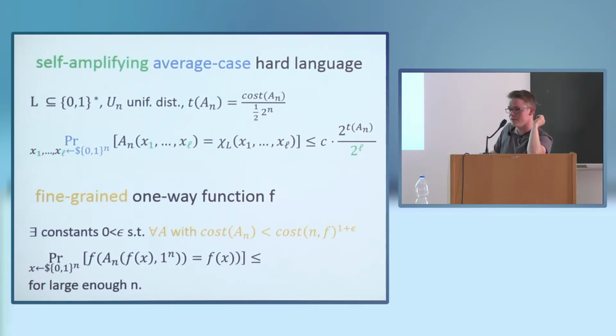What is cost of f? It's the time of the function. If you think in a non-oracle world, it's the runtime of the function, the circuit size. It's the cost of f on inputs of length n.